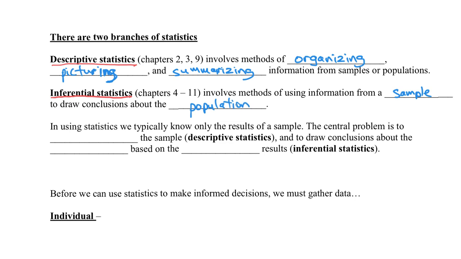So this is where you look at a sample. All you have is a sample of data, and then you try to infer information about the population that the sample came from.